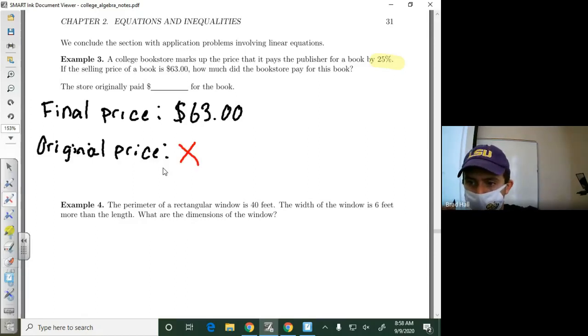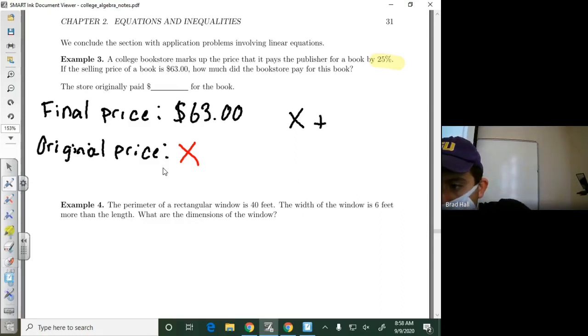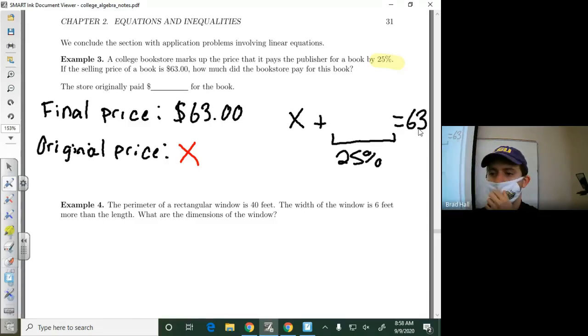So what the bookstore did, they purchased the book at the original price, then they marked it up by 25% to get the new price of $63.